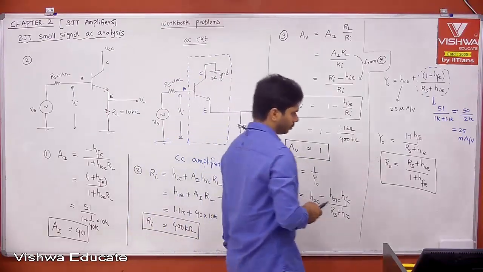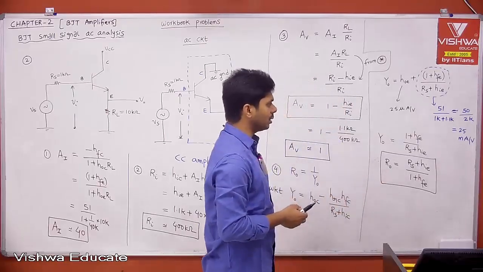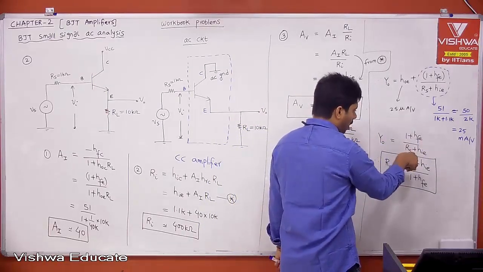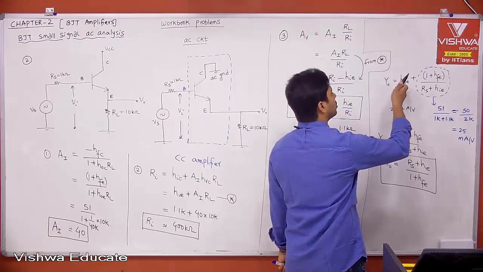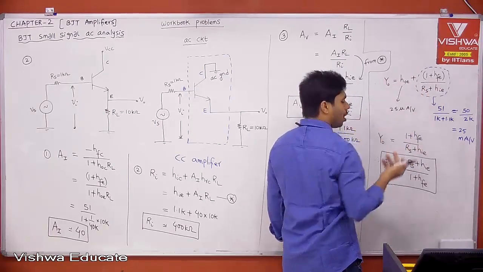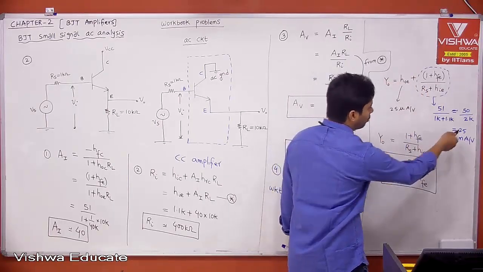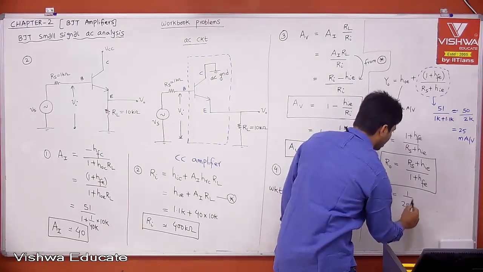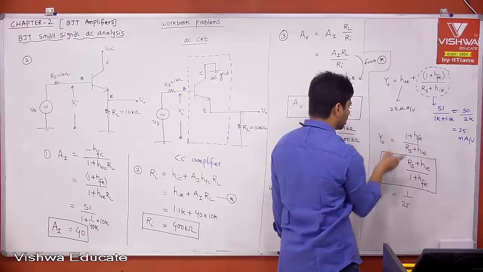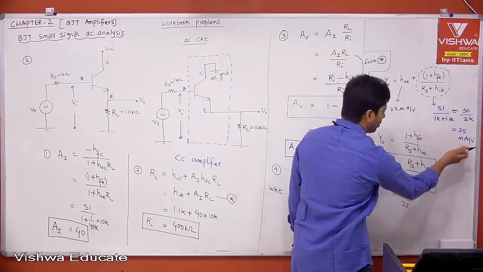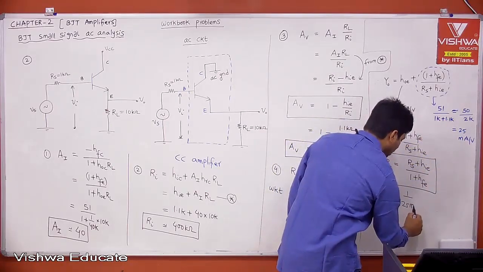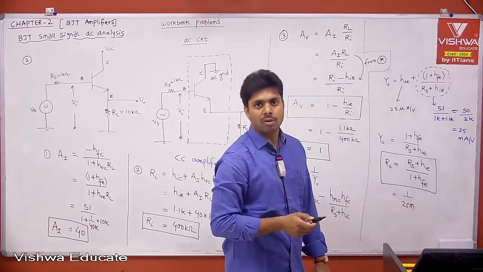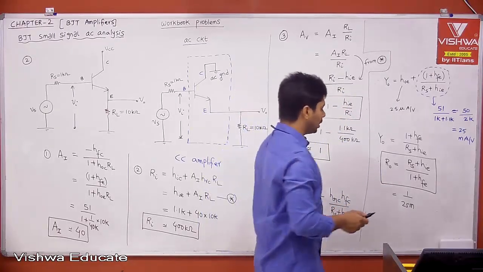Now if you substitute the values and get Y naught, it is almost the same, nothing but 1 by 25 only. Reciprocal of this is your R naught. Therefore, the reciprocal of 25 milliampere per volt: the milli becomes 1000 in the numerator. 1000 divided by 25 is 40.